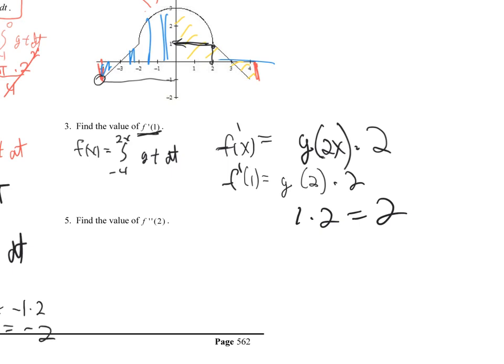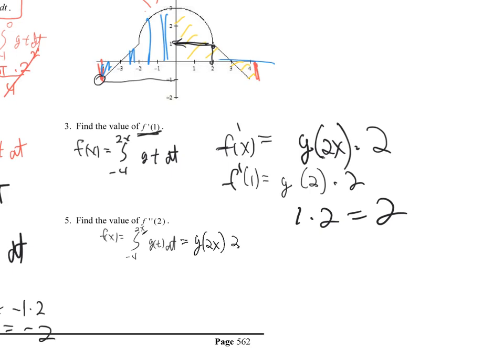Find the second derivative at 2. Well, let's start out with what we know. We know f of x is the integral from negative 4 to 2x of g of t dt. We know the derivative is the shortcut version of g of 2x times 2. That's the derivative of 2x.